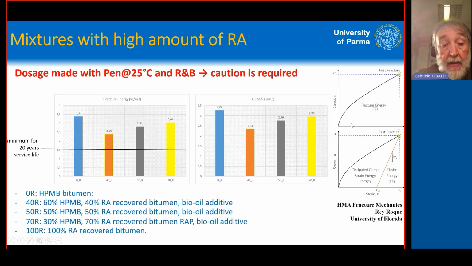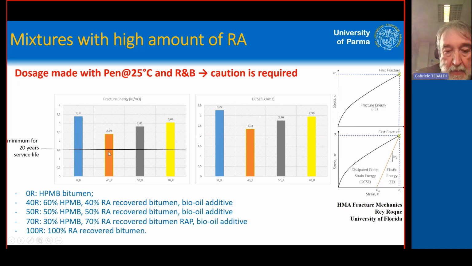But if we look at the performance of the mixture, in this case we analyzed the fracture behavior following the HMA fracture mechanics approach defined by Reynaldo Roque at the University of Florida. You can see that if we analyze the mixture and we consider that this is the level of requirement, of course, this is the virgin mixture.